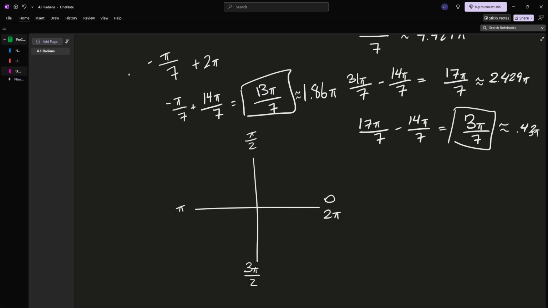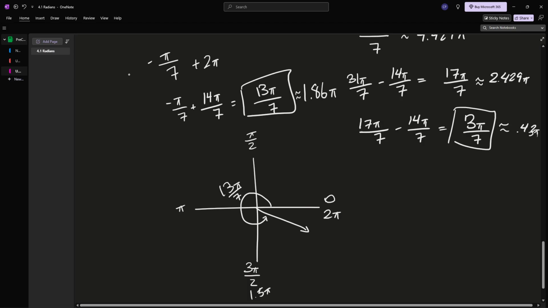We want to see, where am I? And I see I'm 1.86, so it must be around here. So this angle is roughly 13 pi over 7. Because this is 1.5 pi and this is 2 pi, it must be in between and maybe closer to 2 pi. Now the other one, right here.